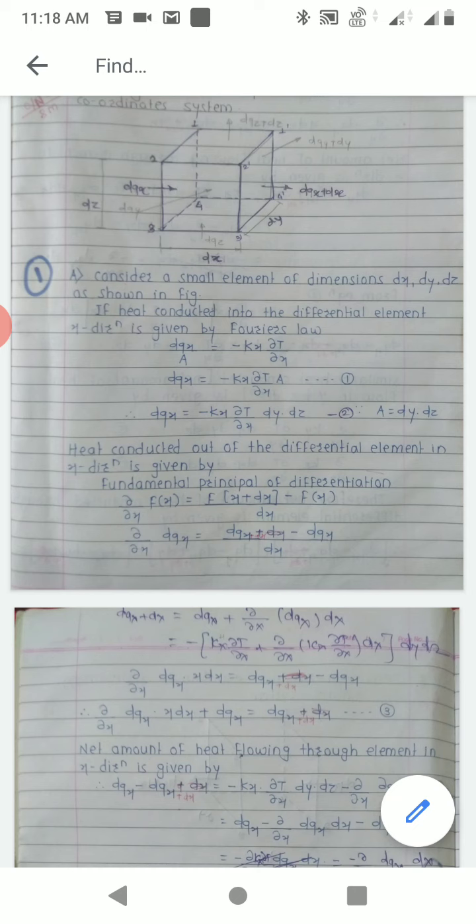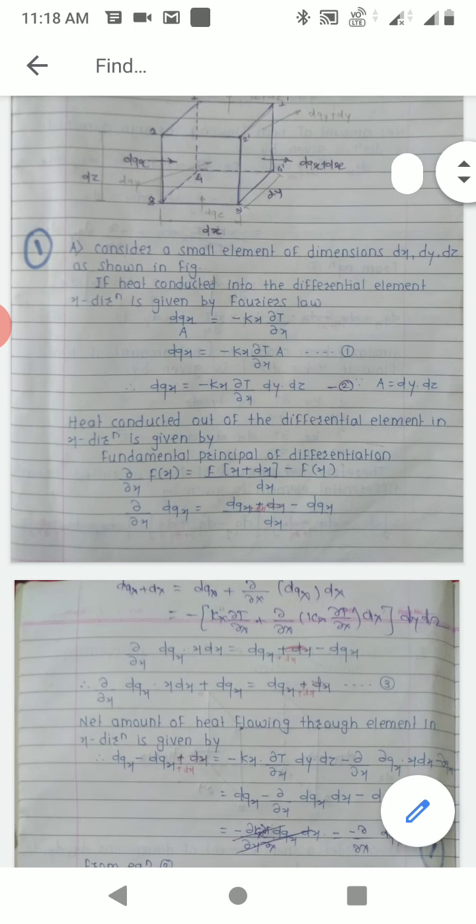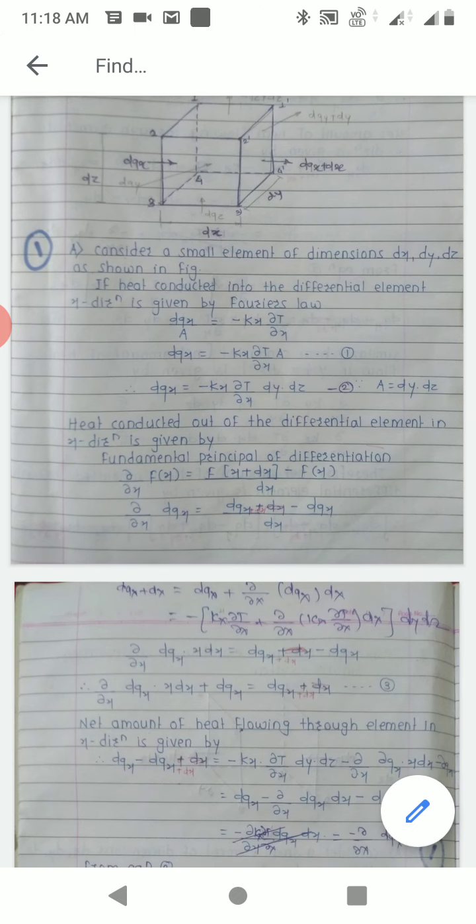As per the fundamental principle of differentiation, dou by dou x of f of x equals f of x plus dx minus f of x, divided by dx. Now we apply this differentiation principle to our equation. So we get dou by dou x of dqx equals dqx plus dx minus dqx divided by dx.